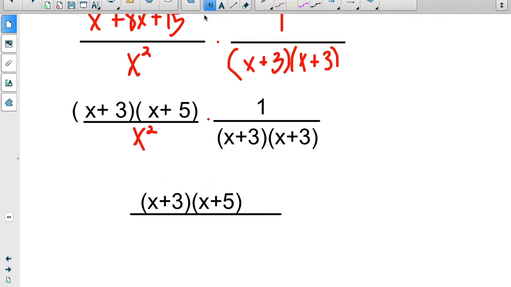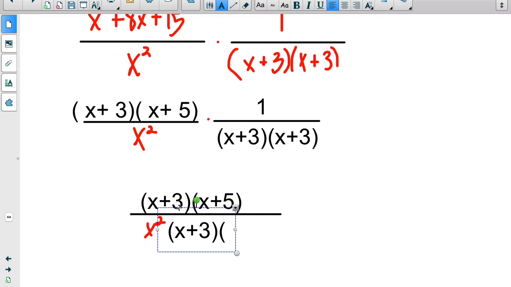Now the denominator, we will have x squared still. And this here is going to be multiplied by x plus 3 times x plus 3.